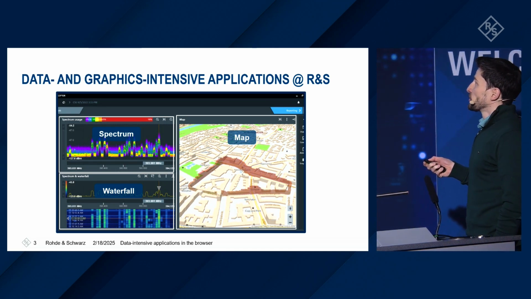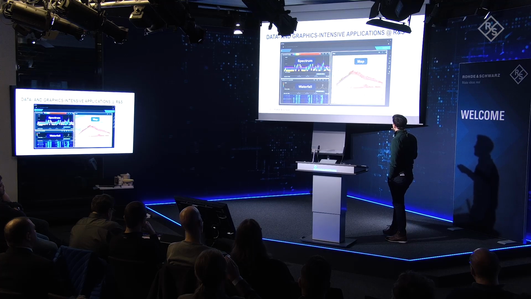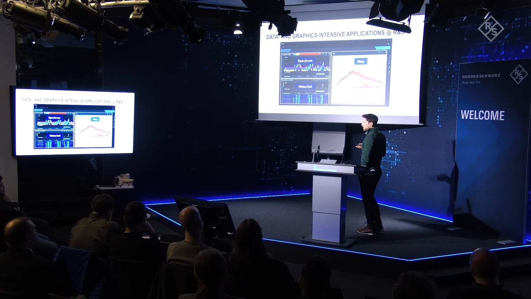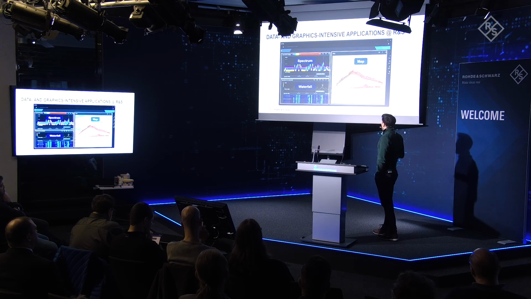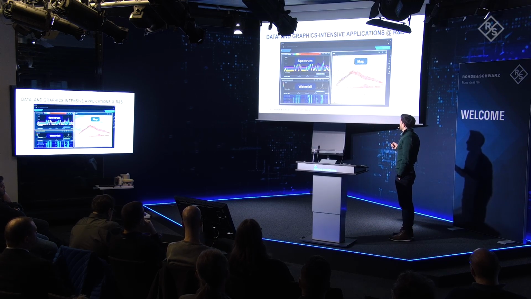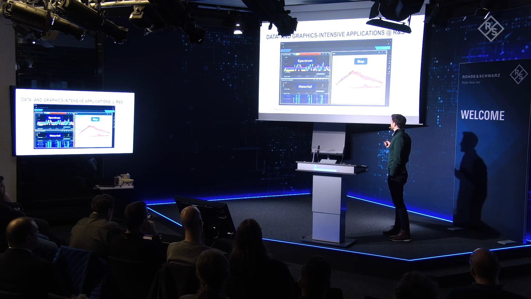Another component, in addition to these two specific components for radio signals, which is one of the key businesses of Rohde & Schwarz, we have also on the right of this user interface a map or geolocation or geospatial control. And there we are displaying and processing location information.